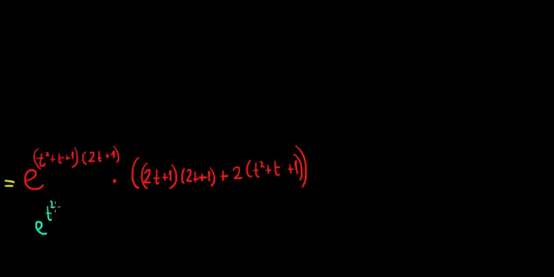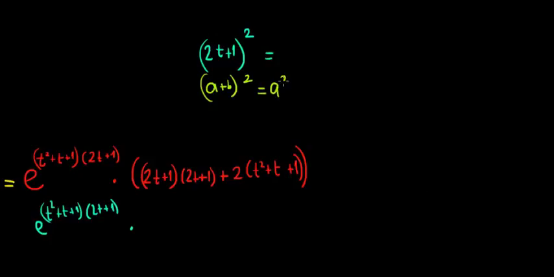We'll have e to the power t squared plus t plus 1 times 2t plus 1 times, what is 2t plus 1 times 2t plus 1? Let's write it here. 2t plus 1 times 2t plus 1 is 2t plus 1 to the power of 2. And remember the power rule of a plus b squared. When we have a plus b squared, that's a squared plus 2ab plus b squared.